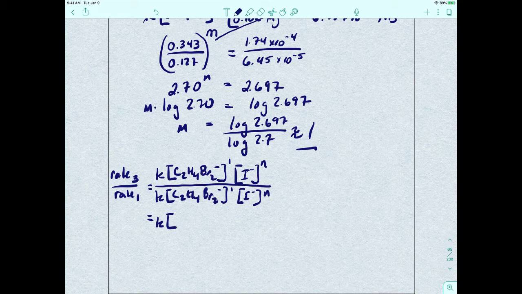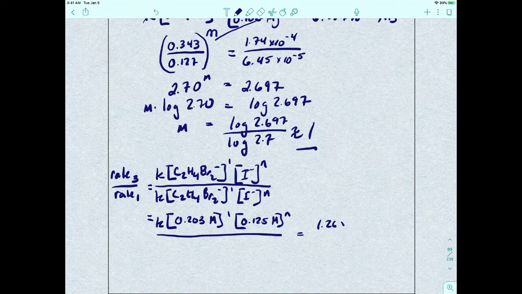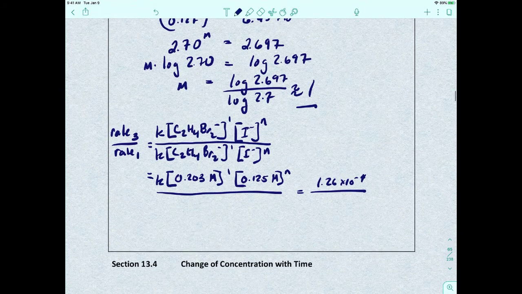So for experiment 3, we got the concentration of C2H4Br2, that would be 0.203 molar raised to the first, times the concentration of I minus, which is 0.125 molar raised to the n. And that rate was 1.26 times 10 to the minus fourth. Okay.